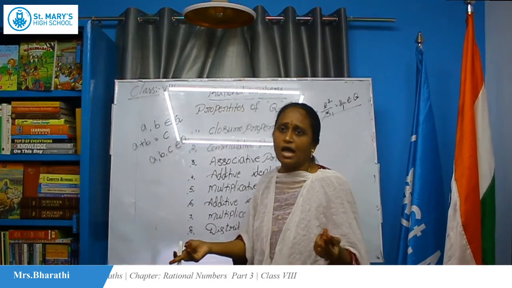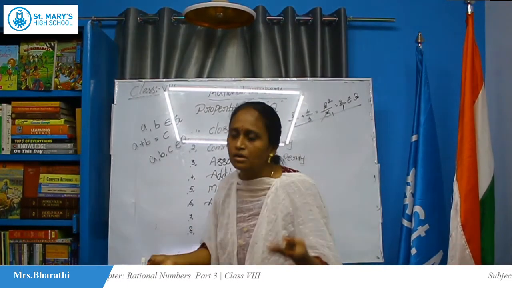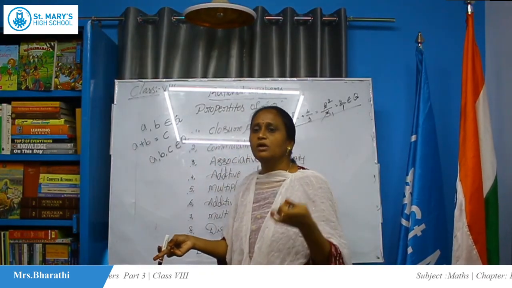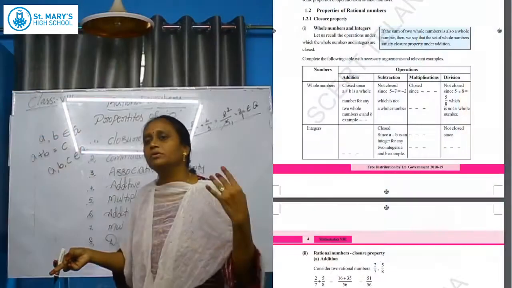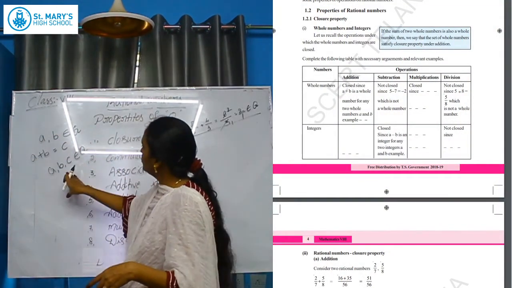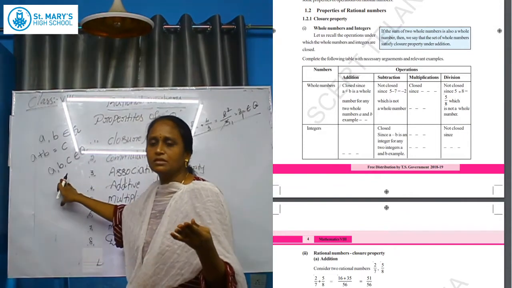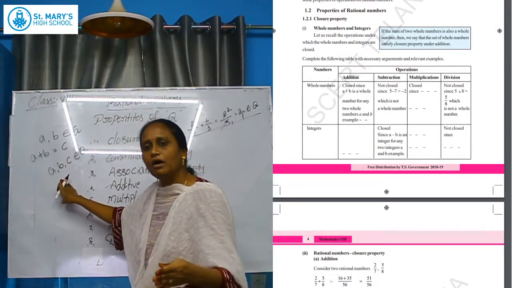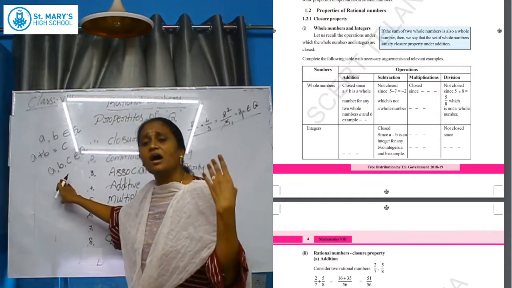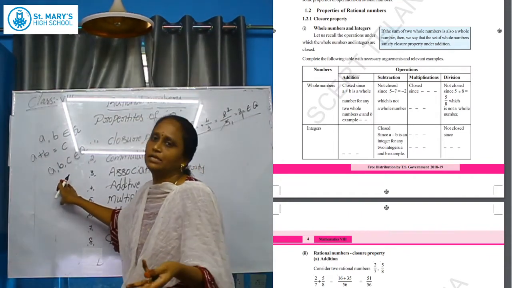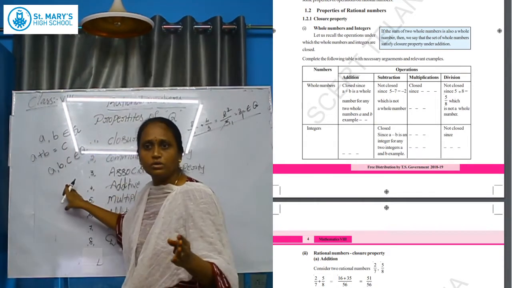So we have 4 fundamental operations. Now we have discussed addition. What about subtraction, multiplication and division? In the 7th class we already discussed that the closure property is possible for rational numbers or integers in addition, subtraction and multiplication. Is it clear?